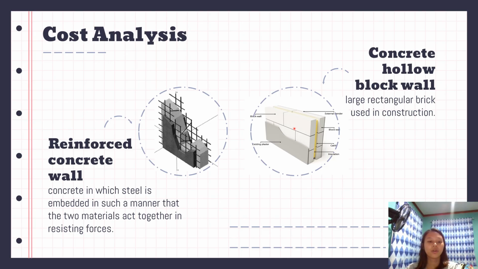Now, there is a common question wherein some consultants are confident when asked by a client. The first question would be, which is cheaper to construct, a reinforced concrete wall or a concrete hollow block wall? The usual answer is the concrete hollow block wall, sir. Now, the client will not end just like that.